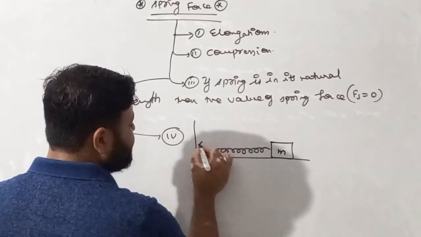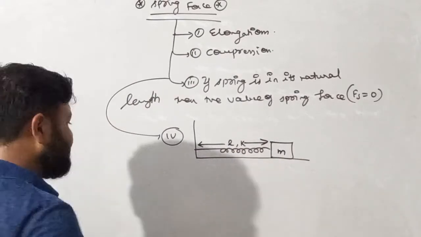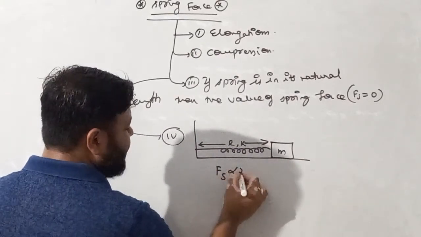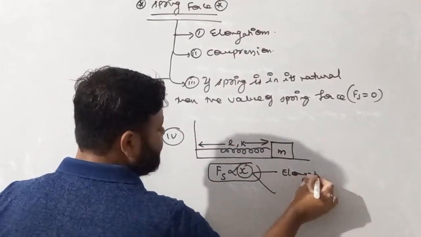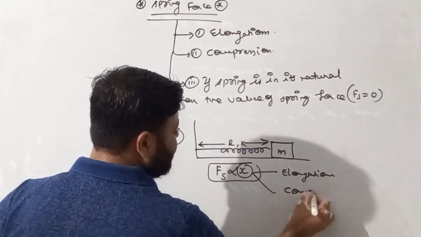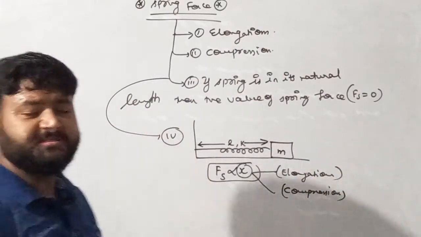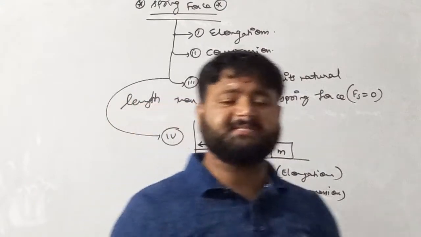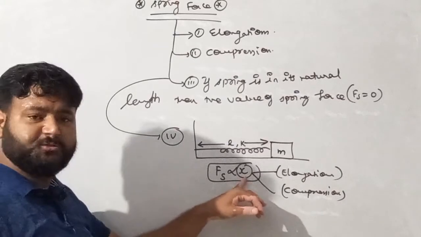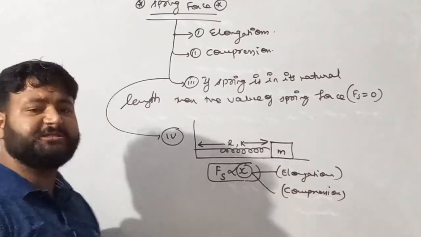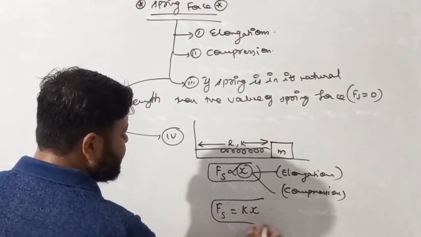The natural length of the spring is L and its spring constant is K. Then the spring force is directly proportional to x, where x is either elongation or compression. The value of spring force depends on how much you are compressing or elongating the spring. If we want to remove the proportionality, we have to introduce a constant.